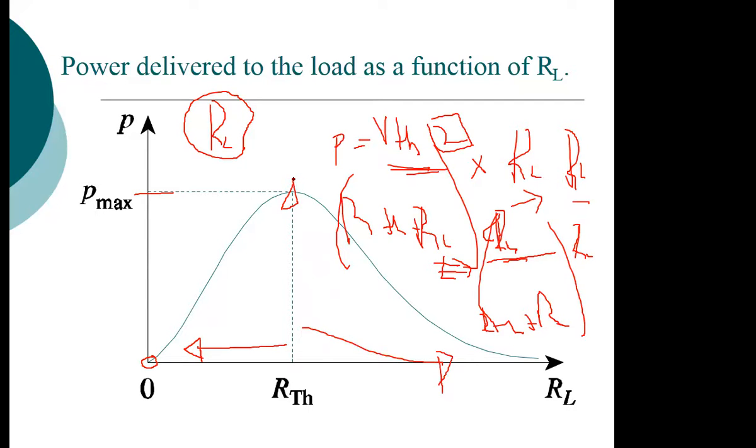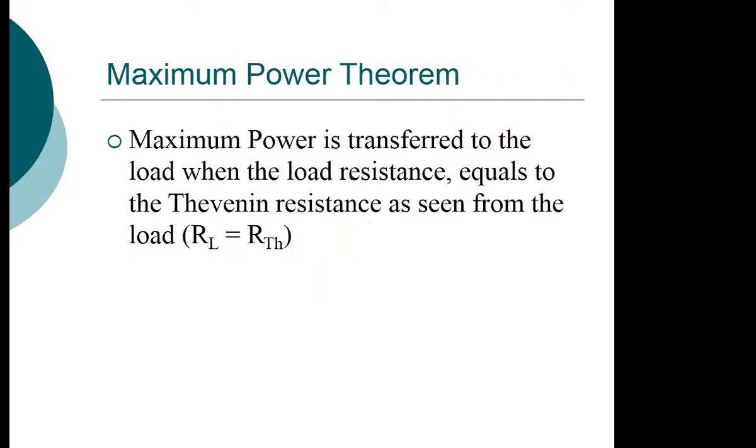Our maximum power transfer occurs at this point, and it has been shown that the maximum power transfer occurs when R Thevenin and R load are the same. That is when RL is equal to R Thevenin. That is the point where we expect maximum power transfer.